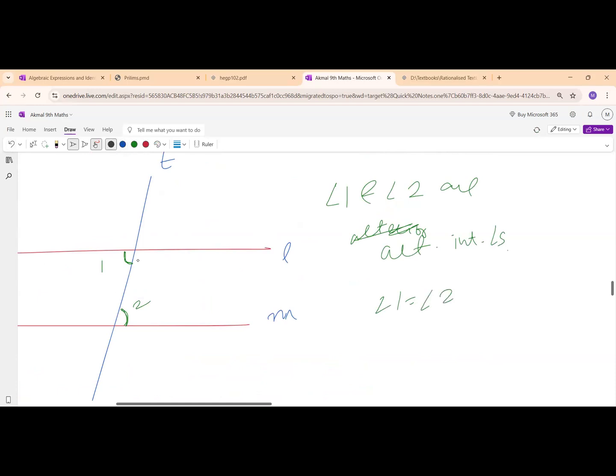Akmal, even these are alternate interior angles. This is angle 3 and let's say angle 4. So angle 3 and angle 4 are also alternate interior angles. They are also equal. Clear, Akmal?